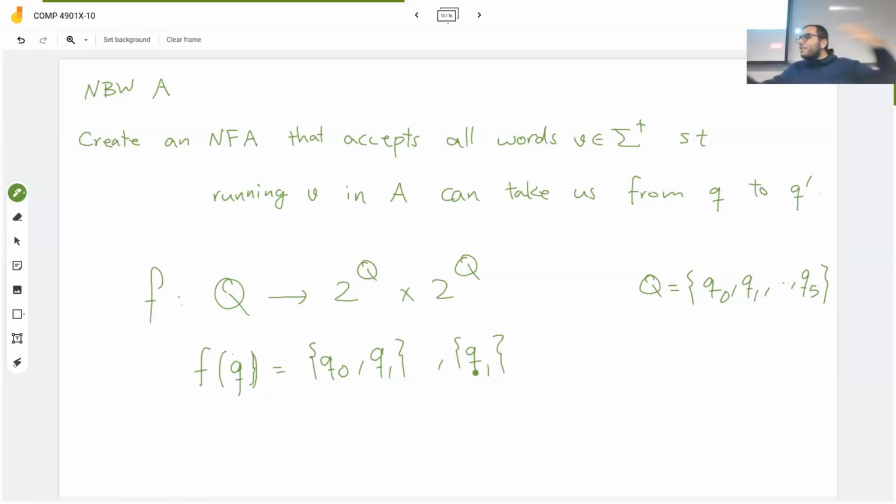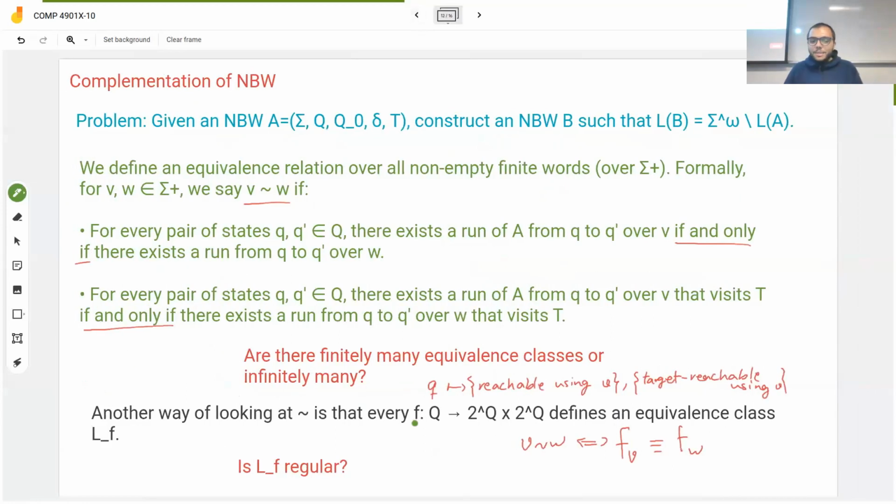So I just take all of these NFAs that correspond to all of my constraints, and I take the intersection of all of them. And that gives me an NFA. And that NFA accepts exactly the set of non-empty finite words that are in this particular equivalence class.